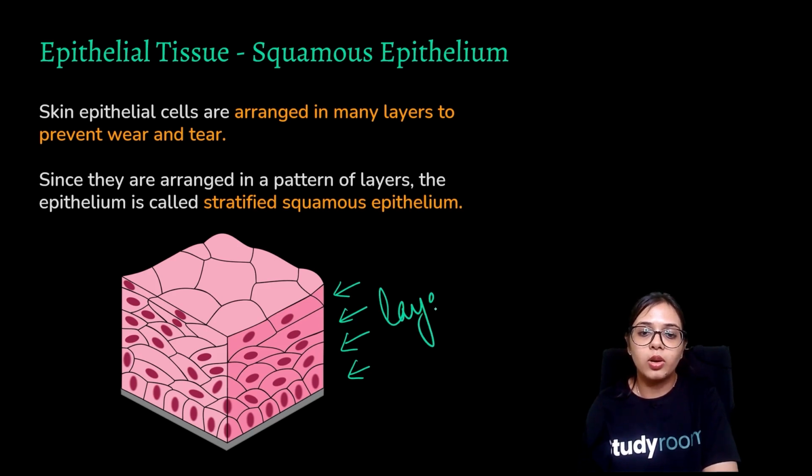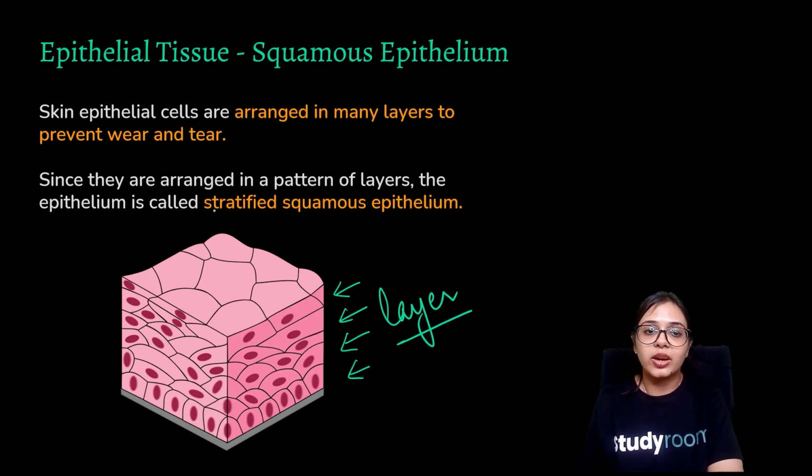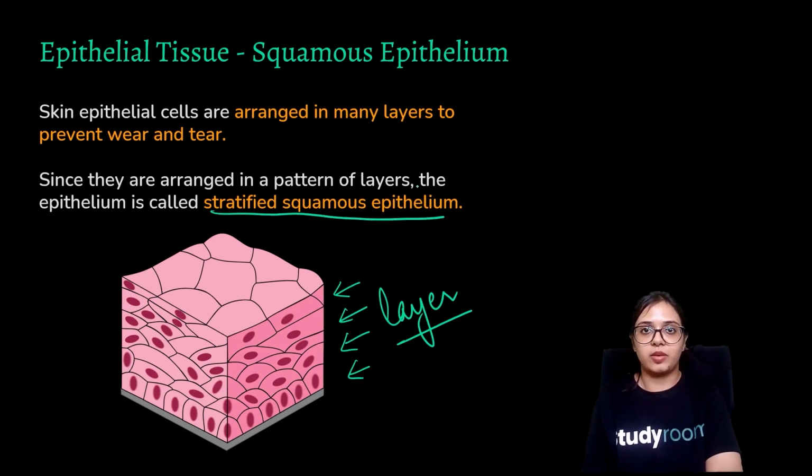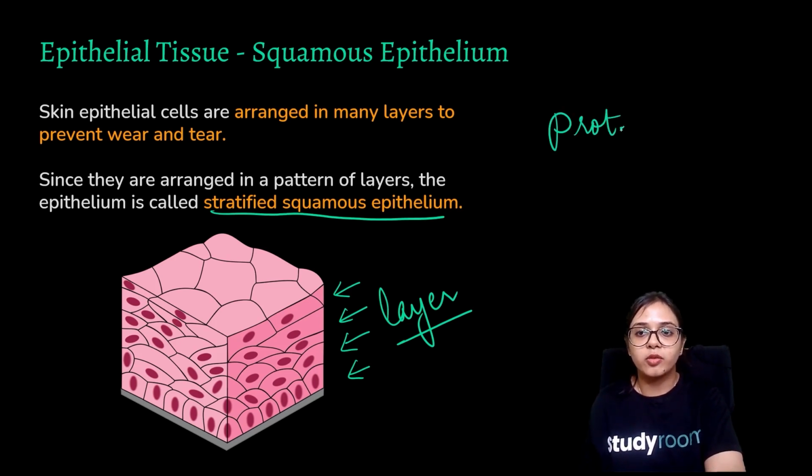There is a whole bunch of layers, and owing to its layered structure, we have given this the name stratified squamous epithelium. They are basically just squamous epithelial cells arranged in many layers to prevent wear and tear. That means their single function is protection, their single function is being a barrier.